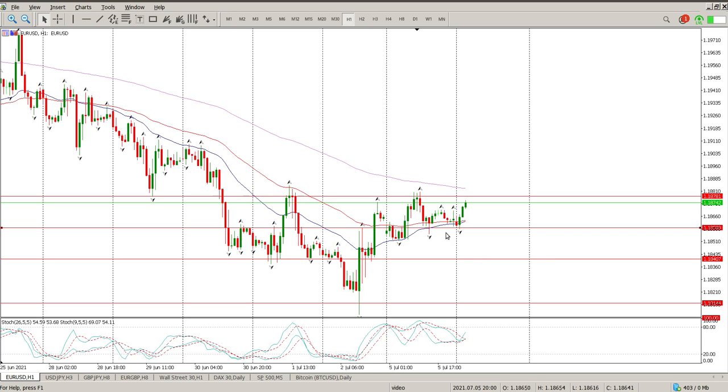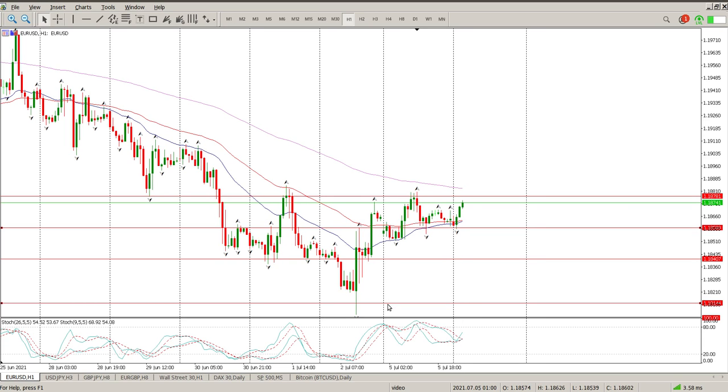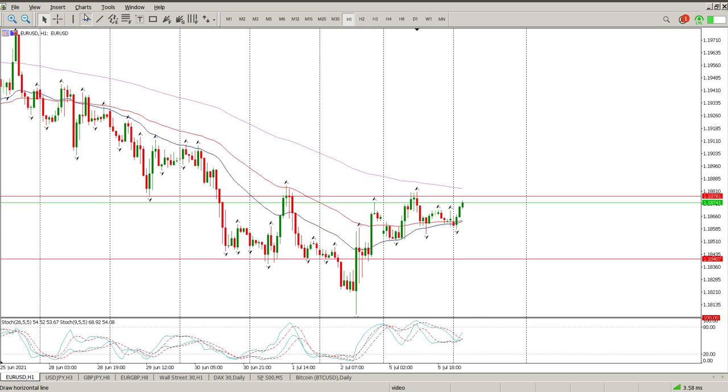So that's kind of the range. Just adjusting those lines now, we've got three levels we need to pay attention to. There we go, so there's the levels we're paying attention to.